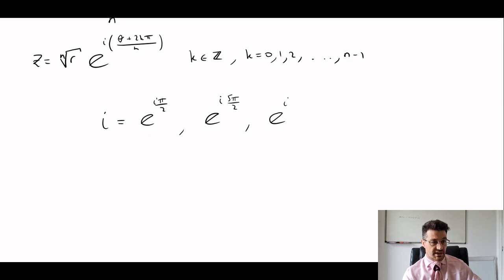Or e to the i, not 7, 9, sorry, 9 pi by 2. So all I'm doing is just adding 2 pi on each stage. Okay. And I can go in the other direction as well. So now, let's check this out. So we've got i, clearly i equals i.